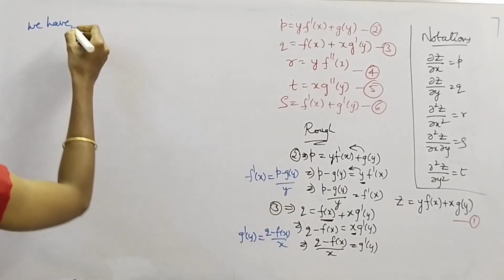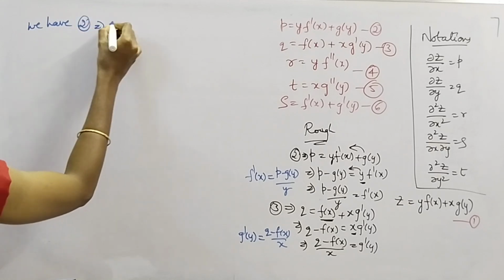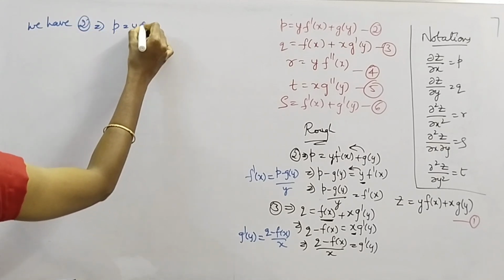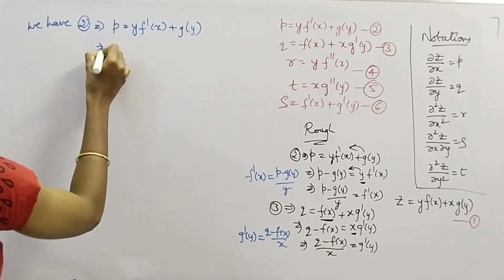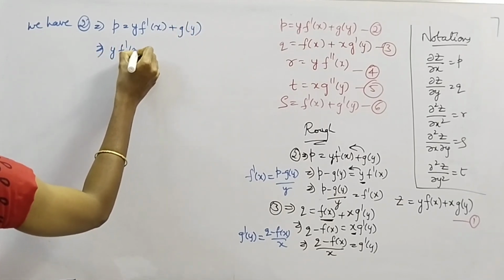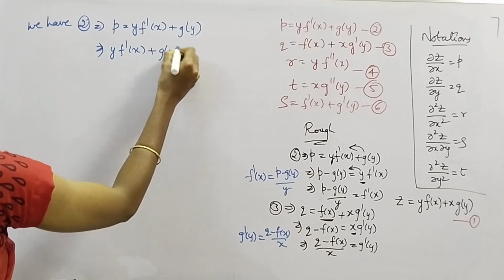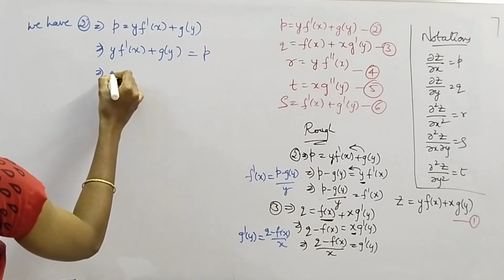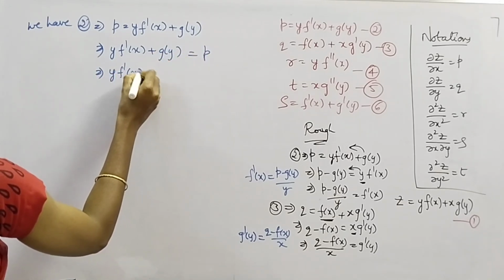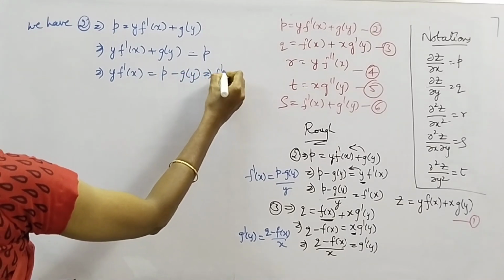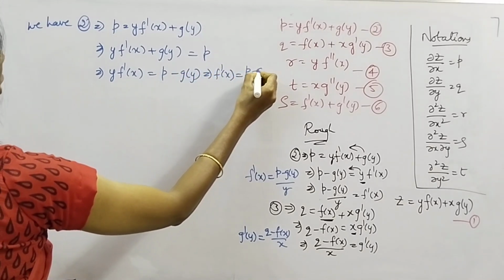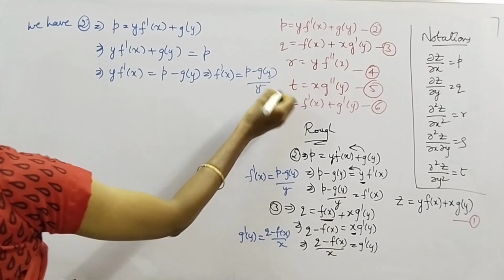I'm doing the same thing. We have equation 2: p equal to y into f dash of x plus g of y. Which gives us y into f dash of x equal to p minus g of y, which gives us f dash of x equal to p minus g of y by y.